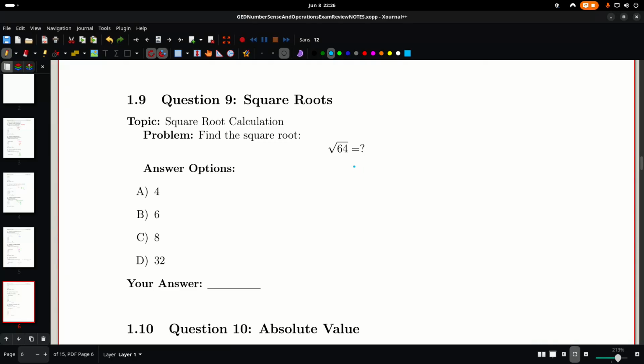So 8 times 8 is 64, which means the square root of 64 is just 8. It's actually plus or minus 8, because if we take the square root of a number, we should always get plus or minus, so there are actually two answers, because if I square negative 8, it also gives me 64. But in this question, they're assuming we're only dealing with positives, so C is the best answer for this one. But it would be better if they included plus or minus 8.